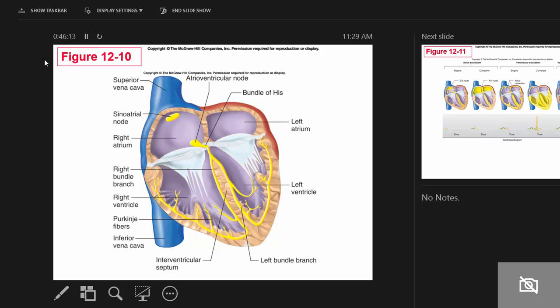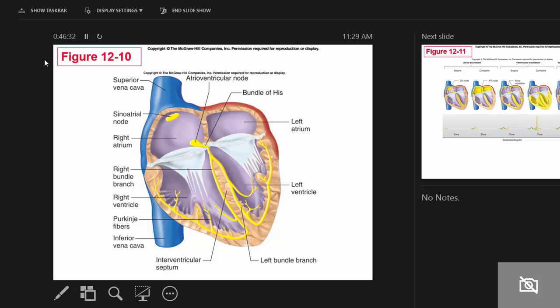Graded potentials that ultimately turn into action potentials. The sinoatrial node is a pacemaker cell. We're going to talk about how that actually occurs. So for your heart rhythm, the beat, this is the on switch.